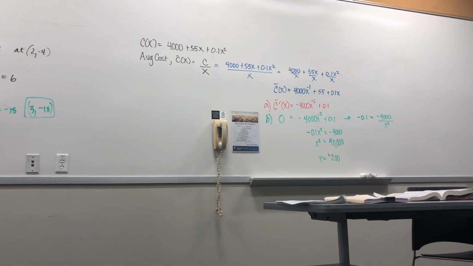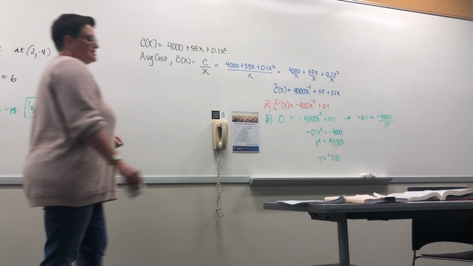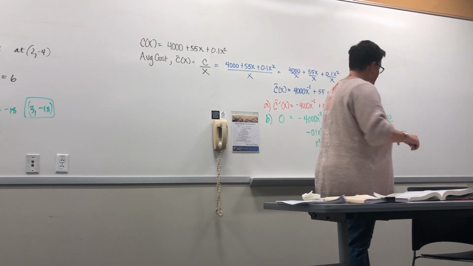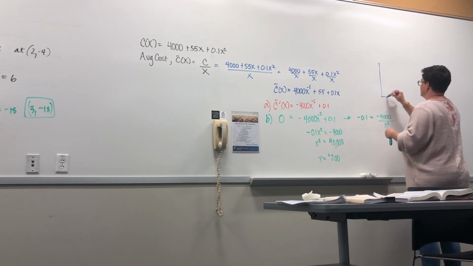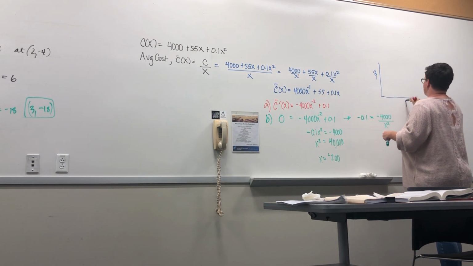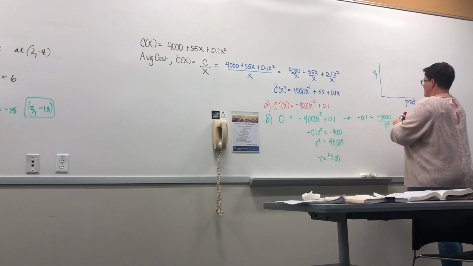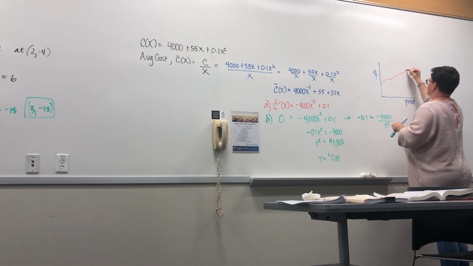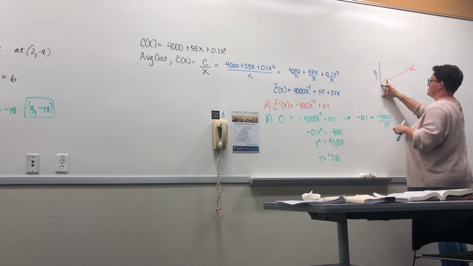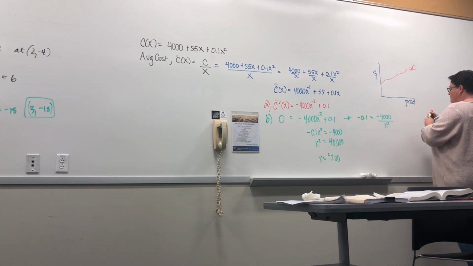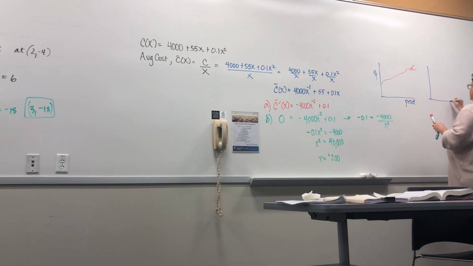And the reason is, guys, cost looks like this. If you have read the basics of business in the context of this class, here's dollars, here's production. Cost starts at some dollar amount because this represents your fixed cost. But average cost looks like this. Here's production, and here's dollars.